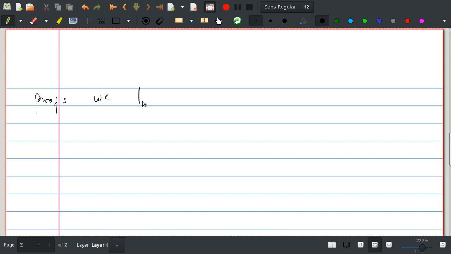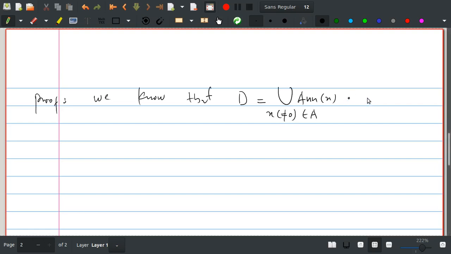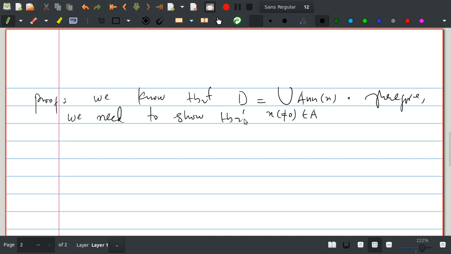So we know that this D is actually the union of annihilators of non-zero elements in A. So this x is a non-zero element in A. Therefore we need to show that D is the same as its radical.